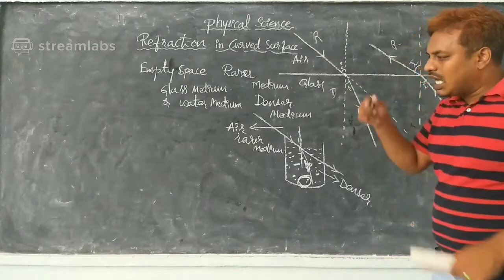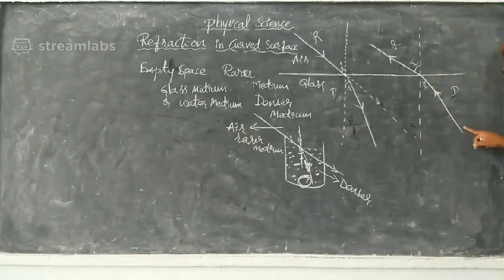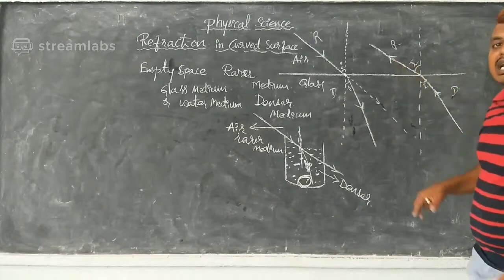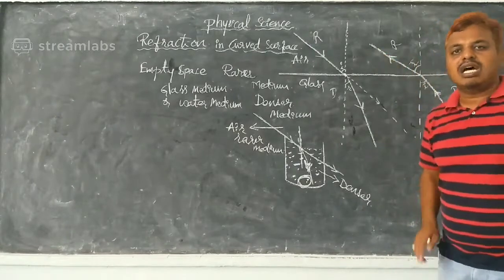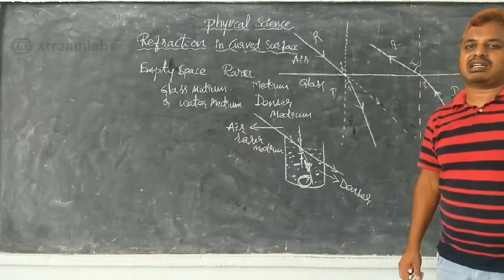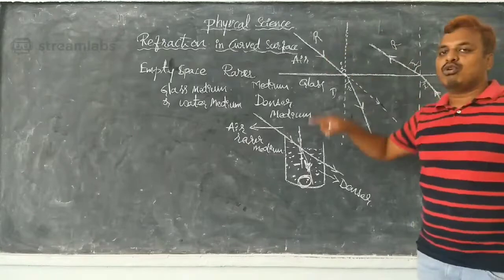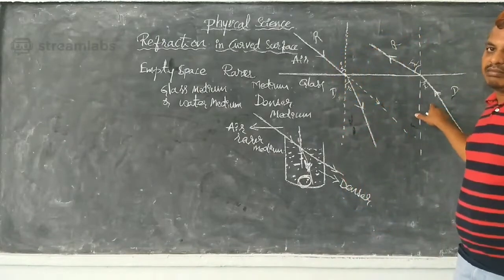That is why the light ray speed decreased when entering from rarer to denser. When it enters from denser medium to rarer medium, the light ray gets more speed because the material medium is less dense, so it moves a little faster compared with the denser medium.